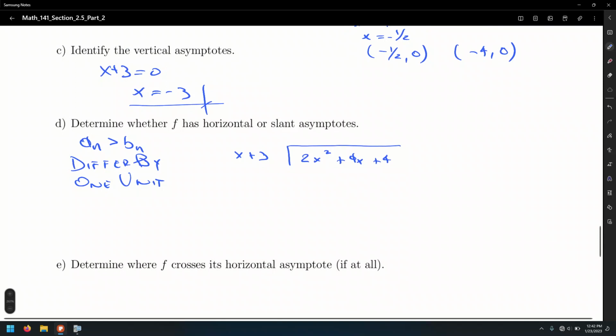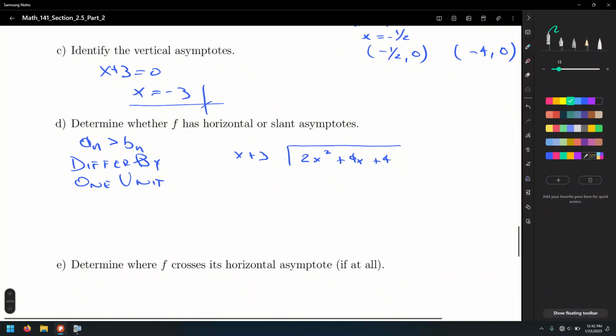All right, so that being said, let's divide the leading term of the dividend by the leading term of the divisor. So 2x squared over x, that's going to give us 2x. And I'm going to write it down on top of the x's to have everything organized by powers. You can write it whatever way you want, but my advice is to write it on top of its corresponding power.